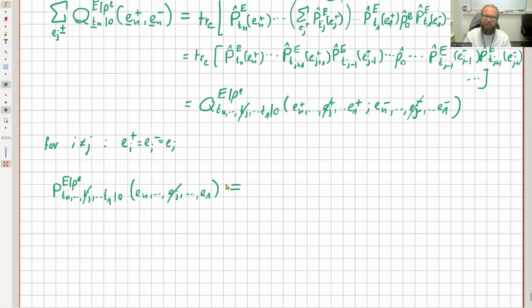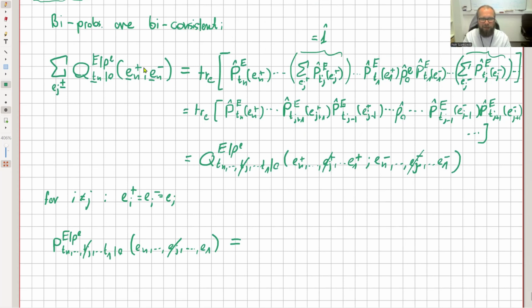On the left-hand side, we have this sum here, okay? So let me do something about the sum. Let me split the sum into the sum over Ej plus the sum where Ej plus is unequal to Ej minus, right?